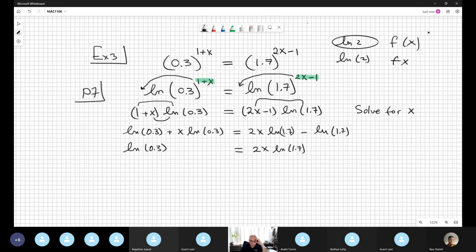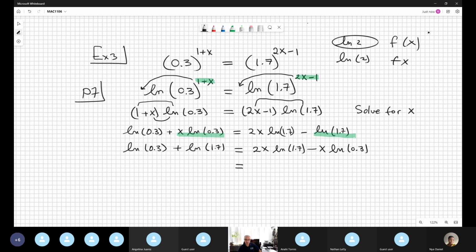Now I move minus x logarithm 0.3, this was this guy, to the right-hand side with the opposite sign, minus. And likewise, this I move to the left like a positive logarithm 1.7. Okay, cool. Almost I finish.